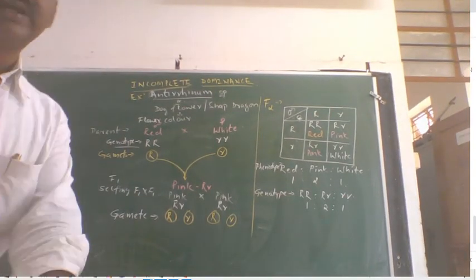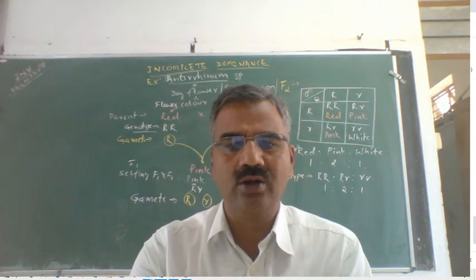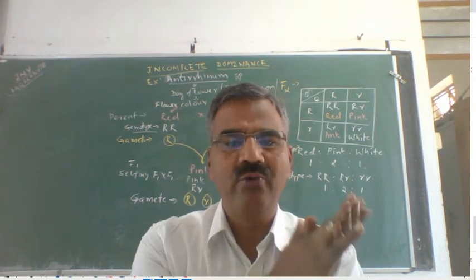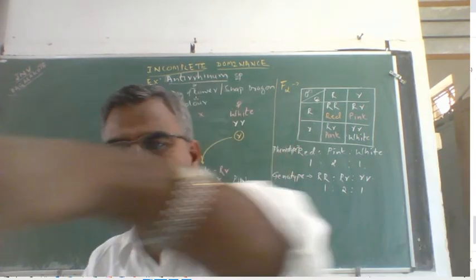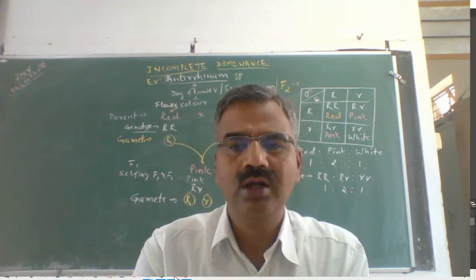Incomplete dominance is the one where the dominant allele is not completely dominant over the recessive allele.